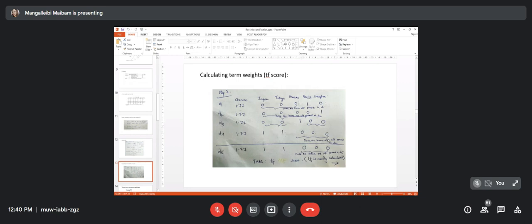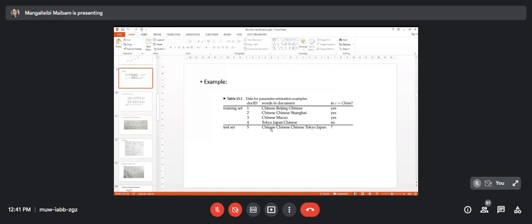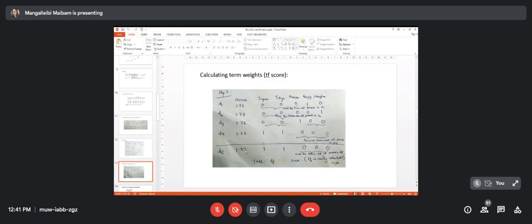Macau, Beijing, Shanghai are not there, so it is 0. Similarly for D5, you have to calculate the term score for Chinese, Tokyo and Japan. For Chinese it is 1.77, for Tokyo and Japan it is 1 and 1. Macau, Beijing and Shanghai are 0 since the terms are not present in D5.